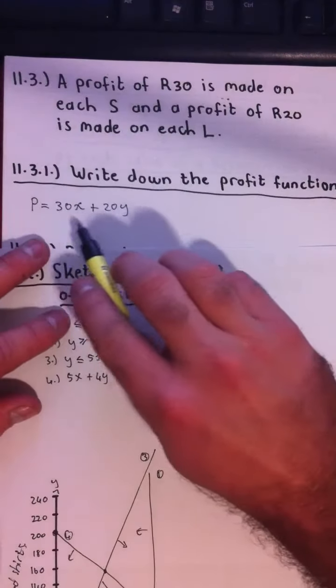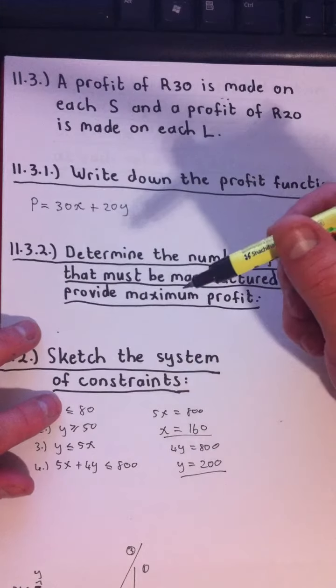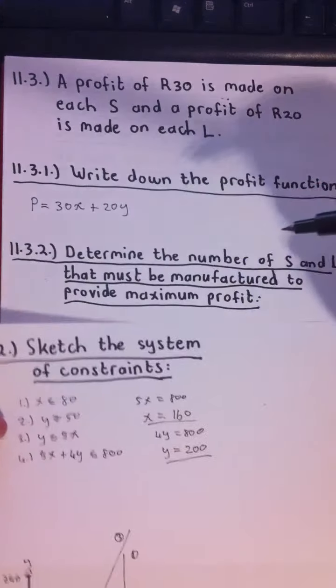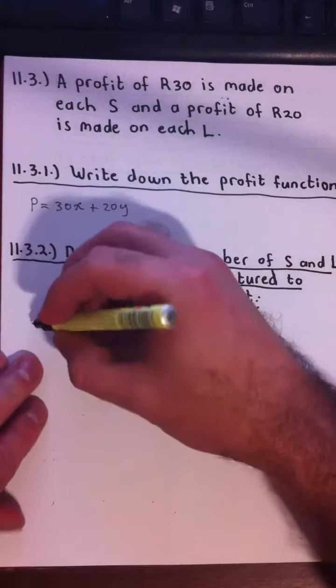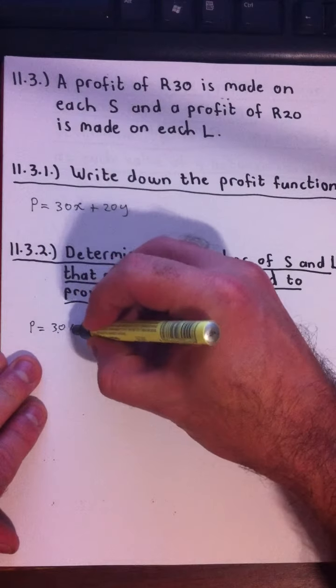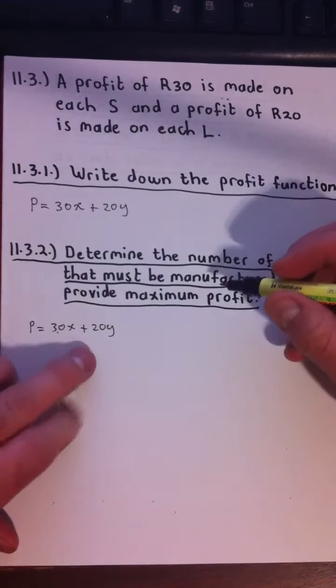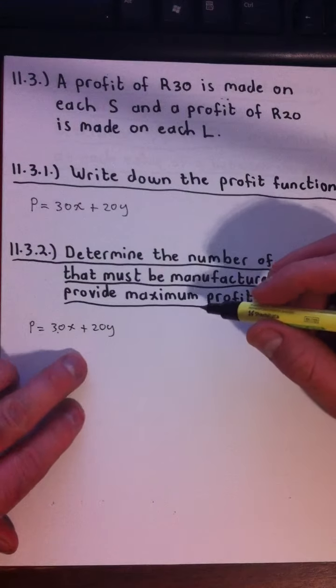Another way to do it is to look at your profit function and rewrite it to find the gradient of that function. Let's see what happens then. So we'll take the profit function, P equals 30x plus 20y, and rewrite it in terms of y to find the gradient.